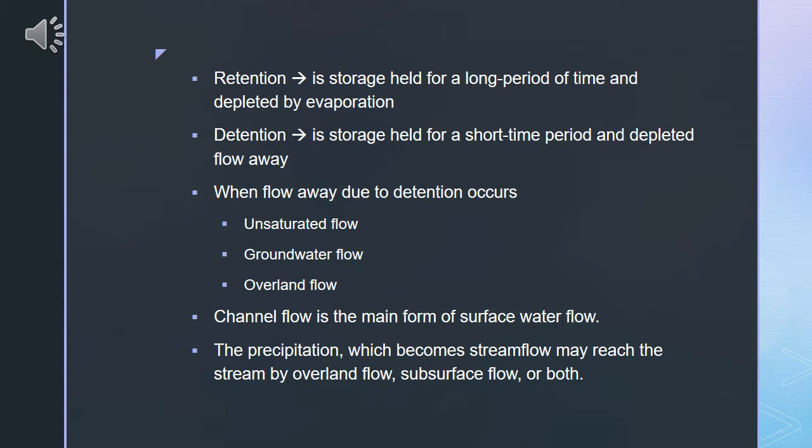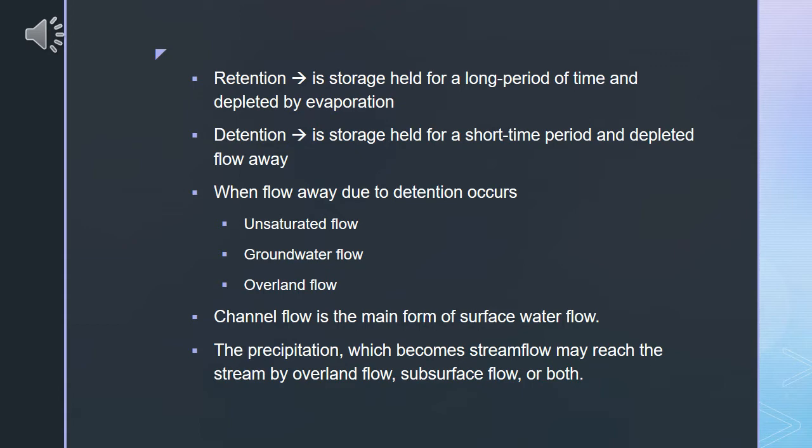Unsaturated flow is like a subsurface flow. Groundwater flow is saturated and is below the unsaturated zone. And overland flow is on top of the surface like a ponding, and we can consider it later as a surface flow, and we can divide it into categories.